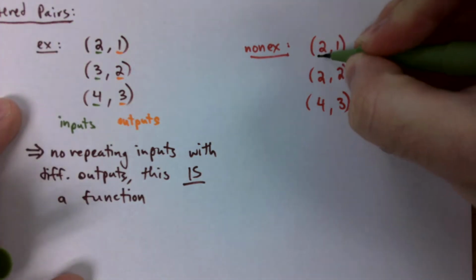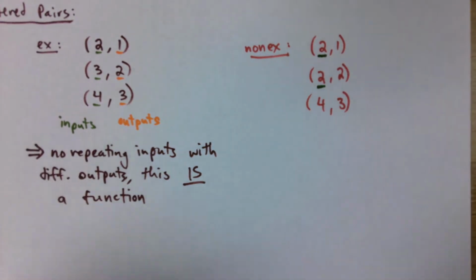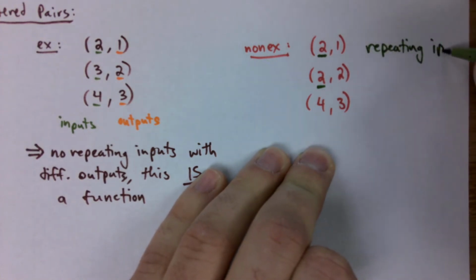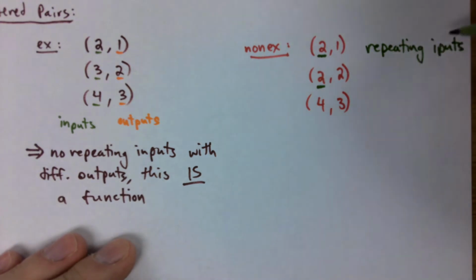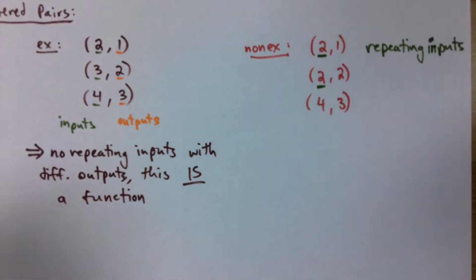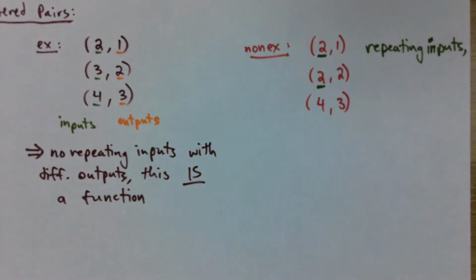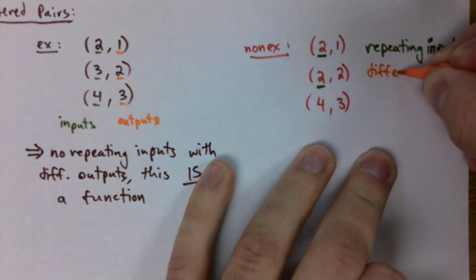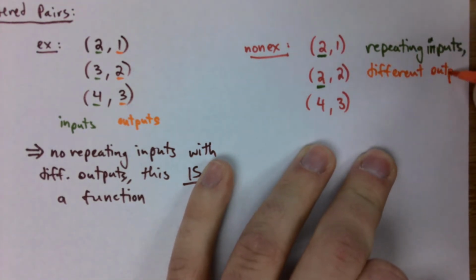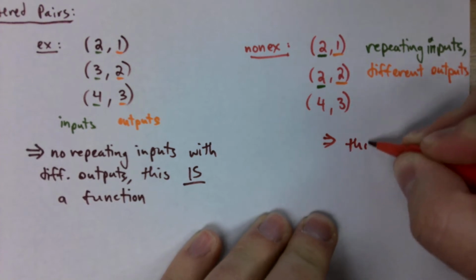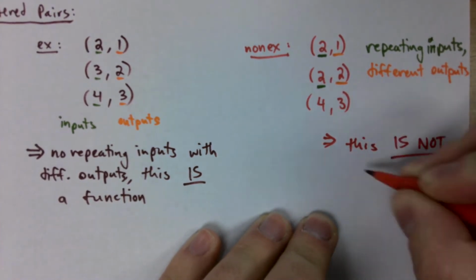So this input and this input, we've got the repeating inputs here. We're going to say different outputs. Therefore, this is not a function.